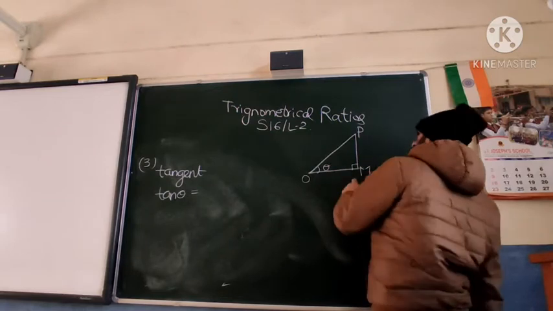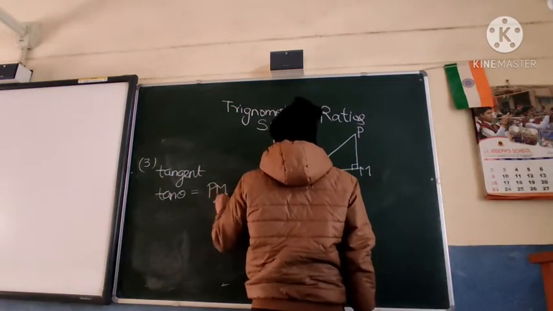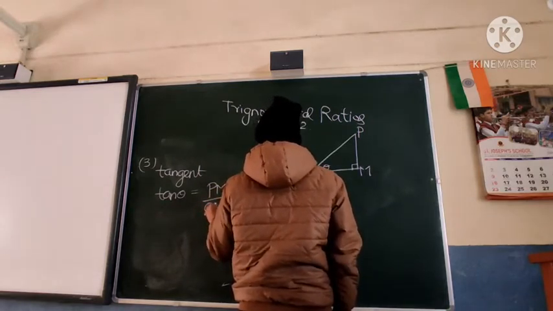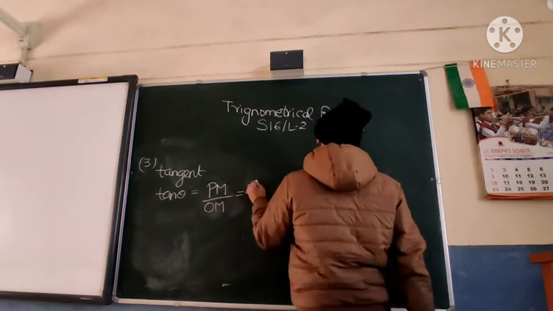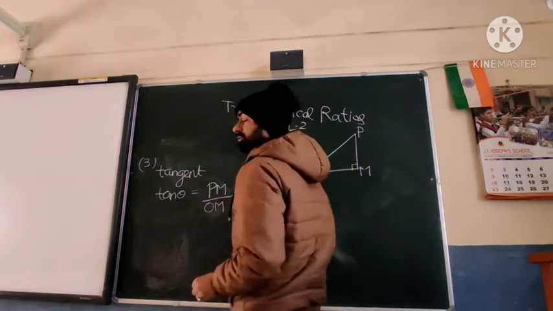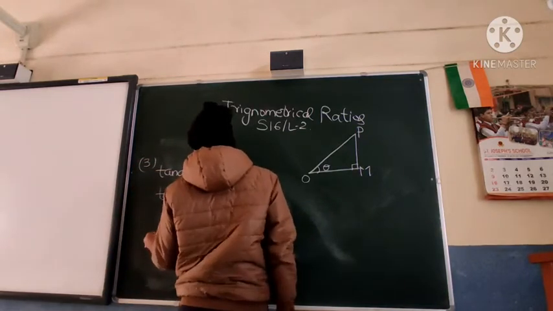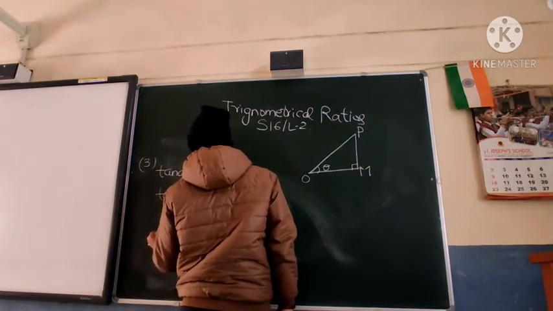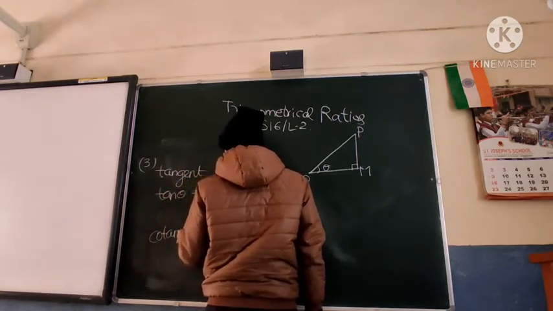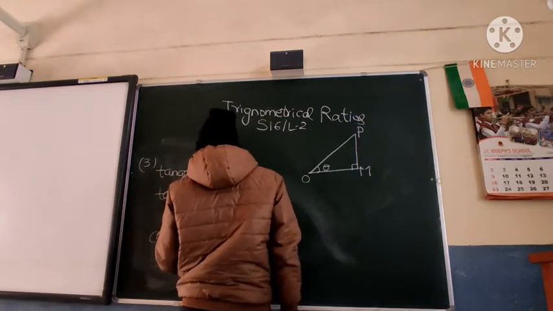Perpendicular upon base. What is perpendicular here? PM. What is base here? OM. So tan theta is perpendicular upon base. The converse, or you can say the reciprocal of tan, is cot, which is called cotangent, or cot theta.